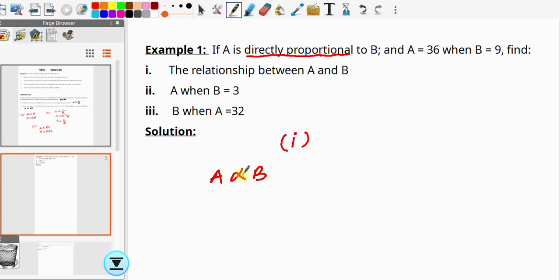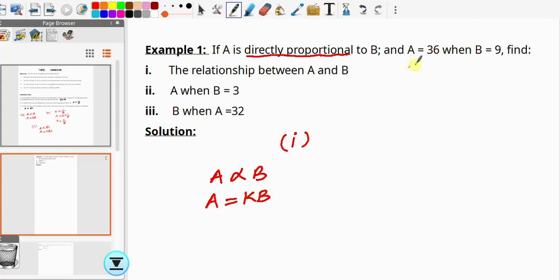Now, let's remove this alpha sign and introduce an equal sign and a constant. Now, it will be A equals KB, where K is a constant.